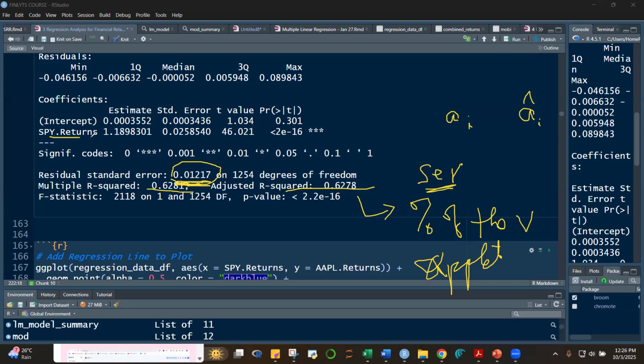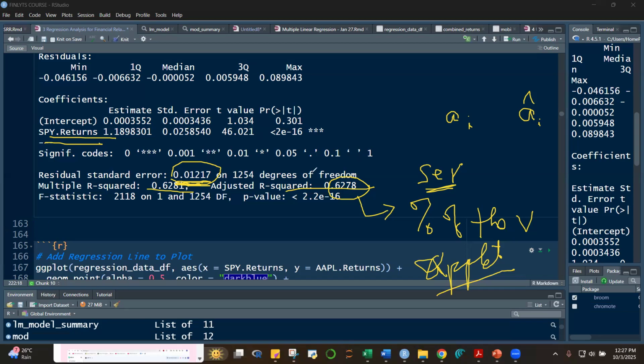Our model is SPY returns, class. So it's able to explain approximately 63% of the variation of your Apple returns, which is quite high. You're talking only of one predictor. So what about the other 37%? It can be explained by other variables. We're just looking at one predictor here, SPY returns.